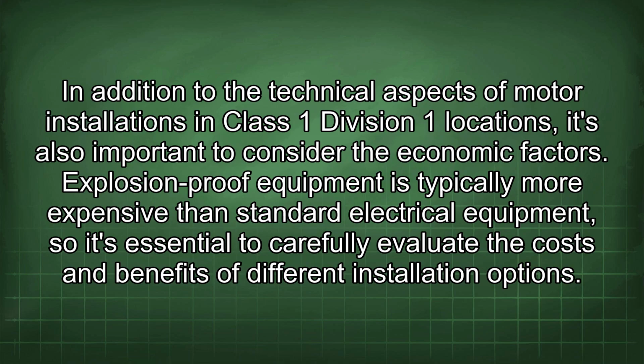In addition to the technical aspects of motor installations in Class 1 Division 1 locations, it's also important to consider the economic factors. Explosion-proof equipment is typically more expensive than standard electrical equipment, so it's essential to carefully evaluate the costs and benefits of different installation options.